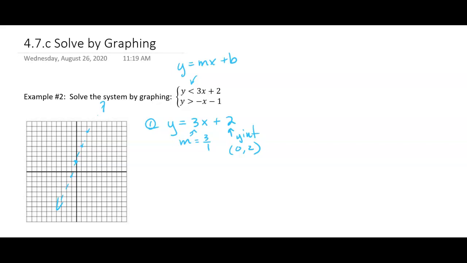Okay, now we have to decide which side to graph. And so I go to the inequality and I'll use 0, 0. I can use that. 0 is less than 3 times 0 plus 2. So I'm using that top inequality, the first one here. I'm going to see if it's true. 0 is less than 2.